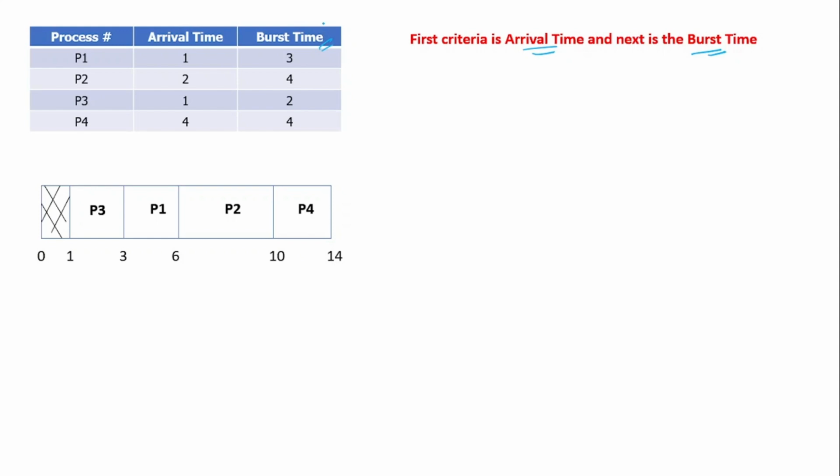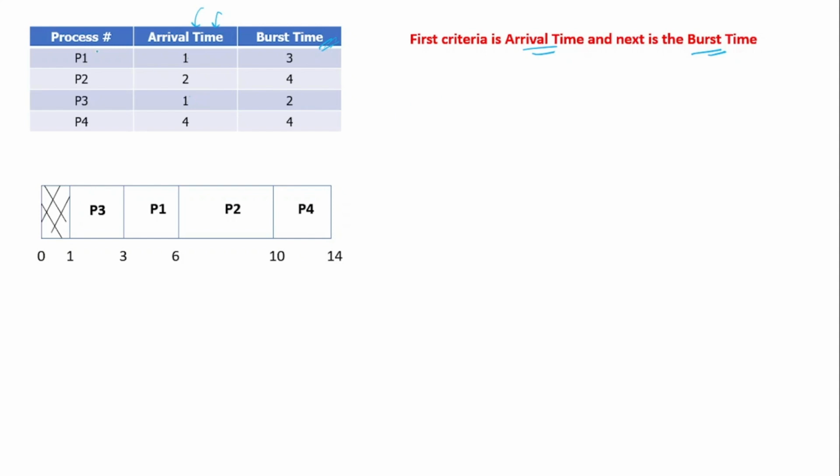The process with the smallest burst time gets the CPU first, but arrival time is also taken into consideration, since it matters when the processes arrive.